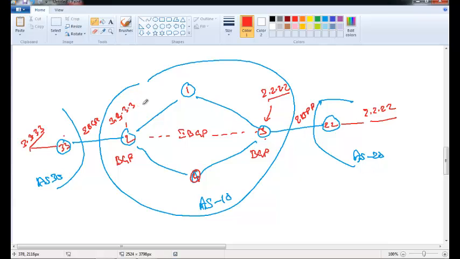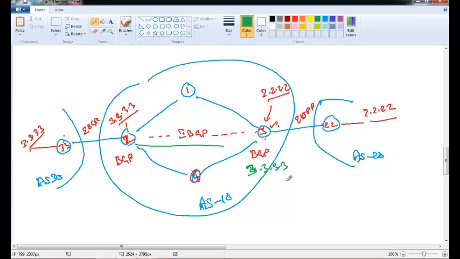Alright. Now router 2 gives the update 3.3.3.3 to router 3. So router 3 learns about 3.3.3.3 from where? Router 2. Whatever is learned from R2, I'll write in green color: 3.3.3.3.